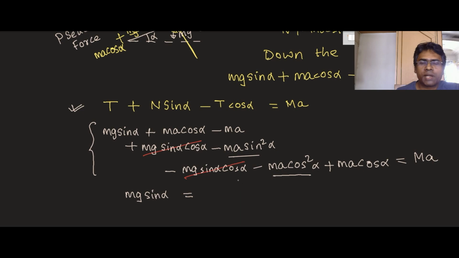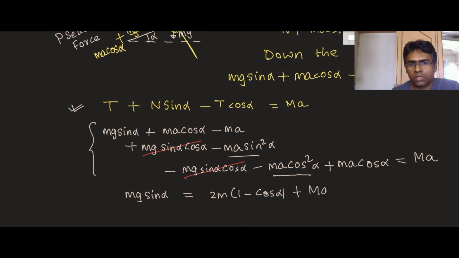So on the right hand side, if I take expressions with a, I'll get minus 2 ma cos alpha, and then I have ma sin square alpha and ma cos square alpha, so that's ma. So the right hand side I can write as 2m into 1 minus cos alpha plus capital M, times a.